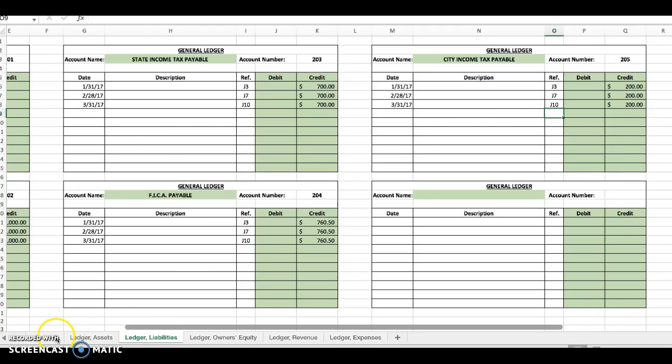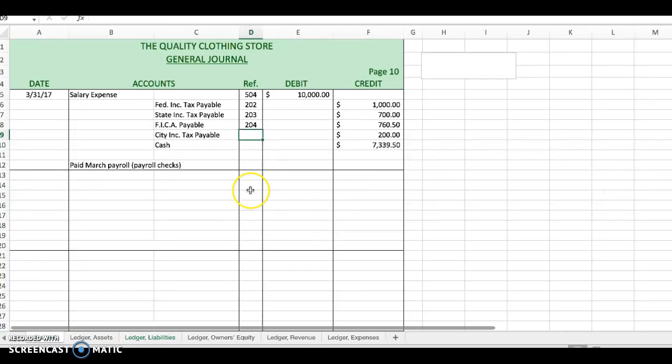And I will go back to the journal and put in account number 205 for that. And finally, after I credit all those liability accounts, which I'm withholding from the paychecks from the employees, I will actually pay them some cash.